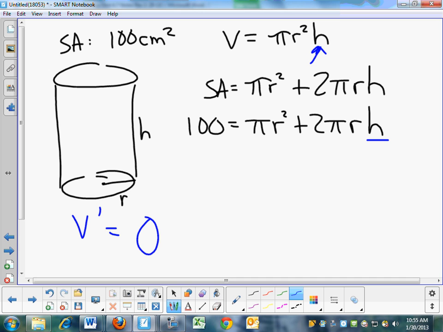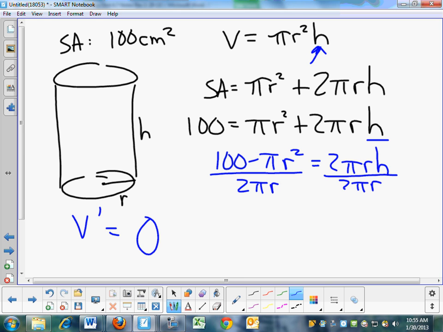Well, what I would do is start by subtracting your pi r squared, so 100 minus pi r squared equals 2 pi rh. Then I would divide both sides by 2 pi r. So you get that. And this is the beast that you have to plug in to that.